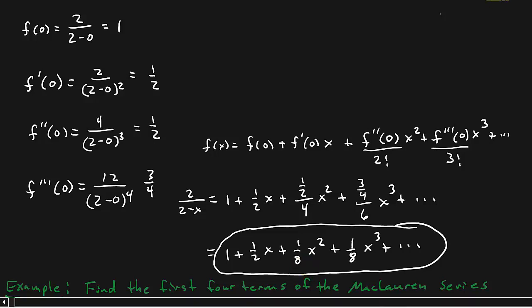Yep, I'm sorry. 2 factorial is 2. And so that should be 1/4. My bad. Sitting here trying to do all this in my head, so I might make another mistake later on, but I will catch it and fix it. All right, so there's your answer there.